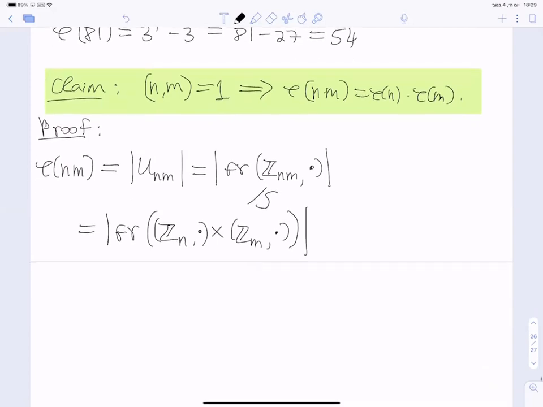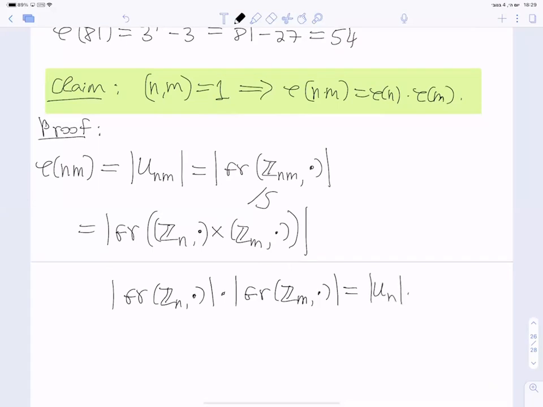Now, if you have two components, the group of this direct product is the group of the first one times the group of the second one. This is the usual multiplication, which is actually the cardinality of n and m.